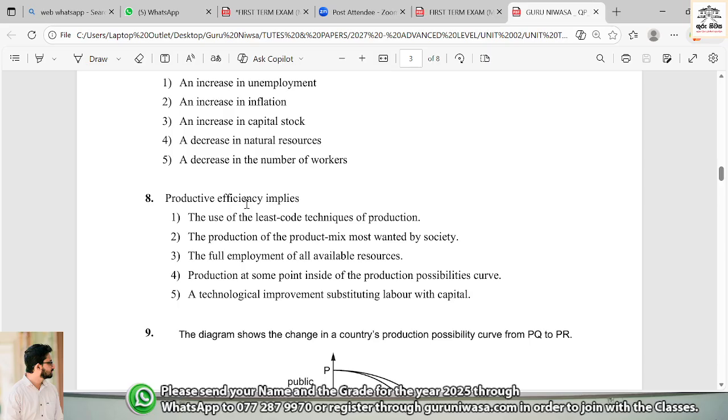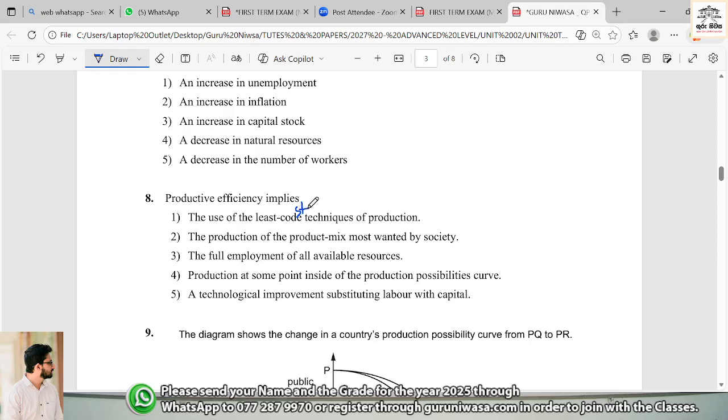But remember, productive efficiency is usually defined as the use of least cost technique.